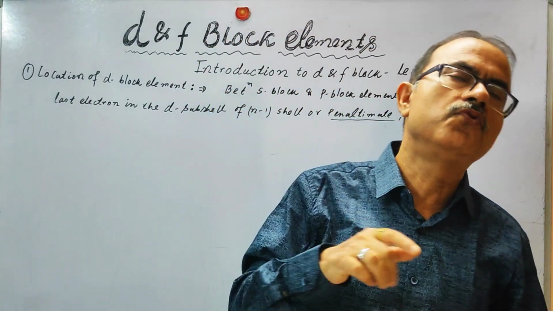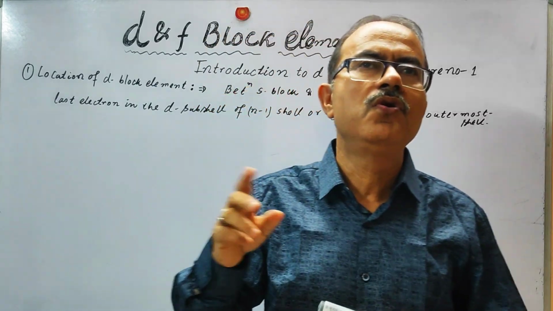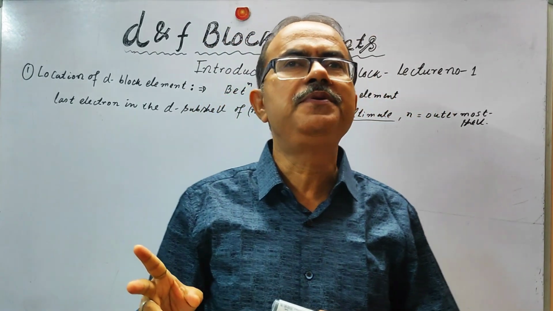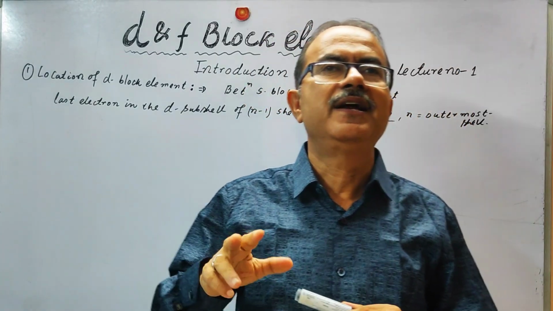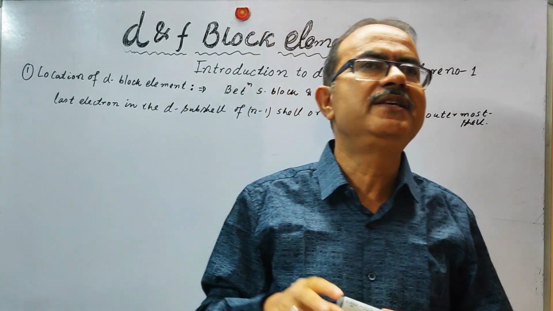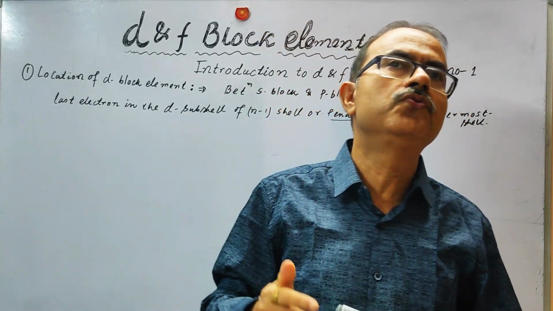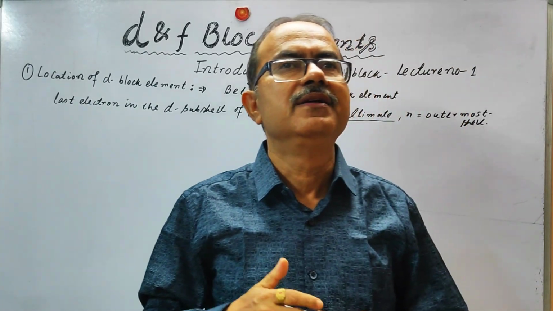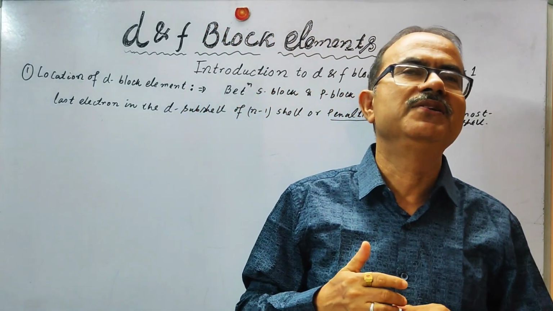First the electron will go into the 4s subshell, then it will go back to the penultimate shell, that is the n-1 shell, whereas n is the outermost shell, and it will be filled there, and it is going to create the d block elements.